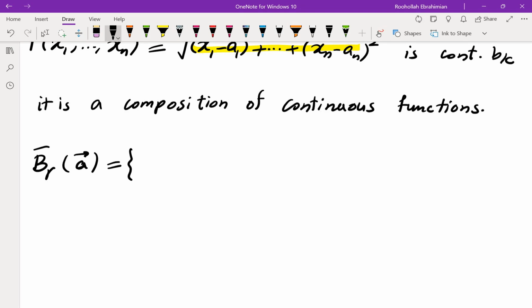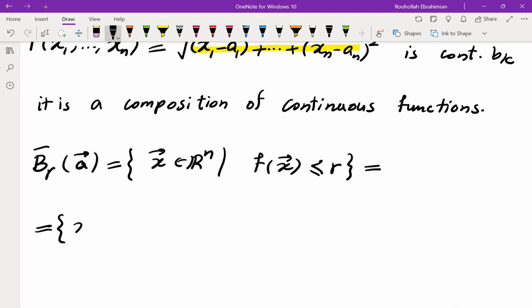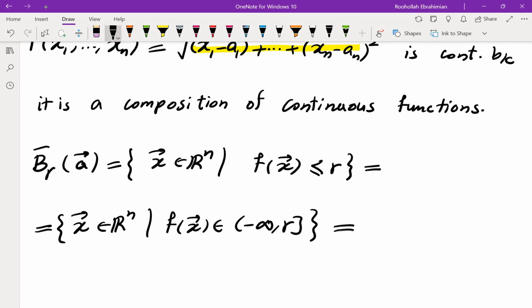Now we are going to describe the ball as an inverse image. So the ball is the set of all x in Rn such that f of x is less than or equal to r. But what does that mean? It means it's the set of all x in Rn such that f of x is in the interval negative infinity to r. Another way of saying that would be to say inverse image of negative infinity to r. And we know that interval is in fact a closed subset.